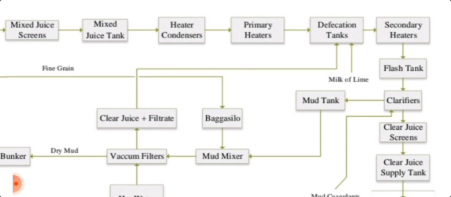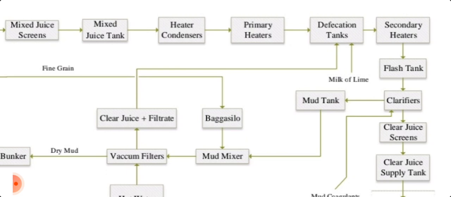From these clarifiers, the juice that is very clear of mud and of the impurities separated in the clarifiers, very clear and fine juice, goes to the clear juice screens. Basically these are rotary screens.